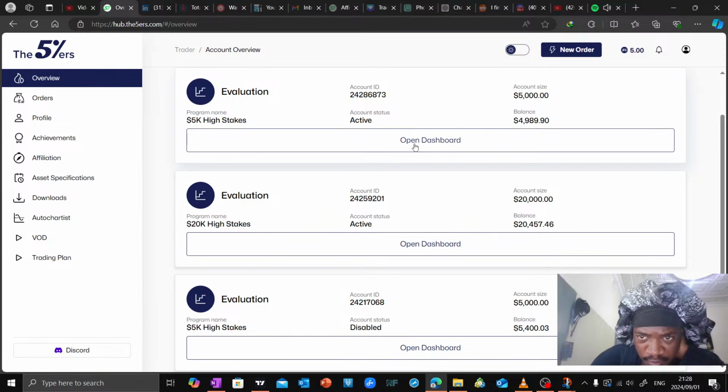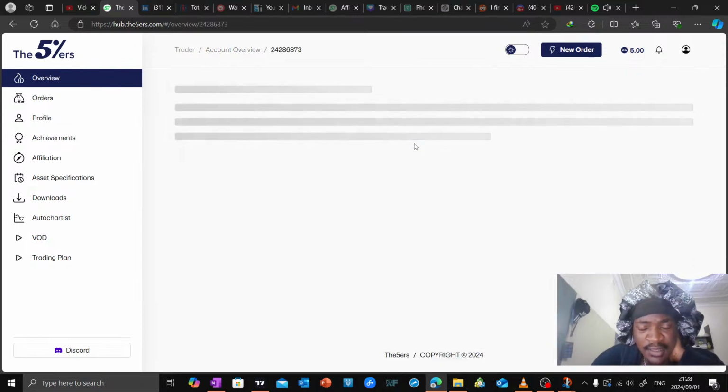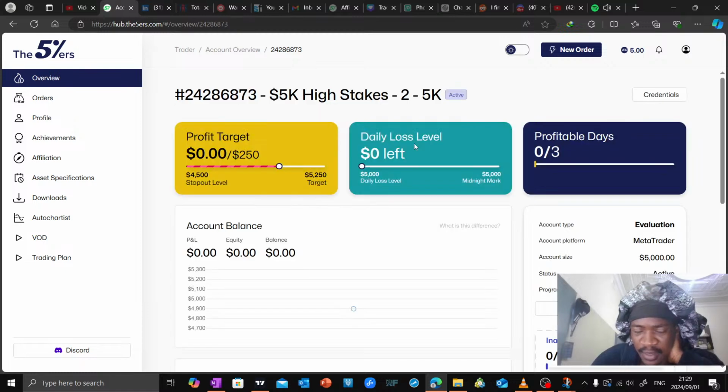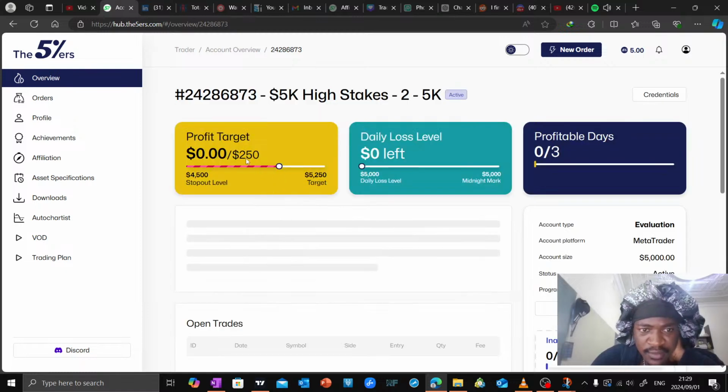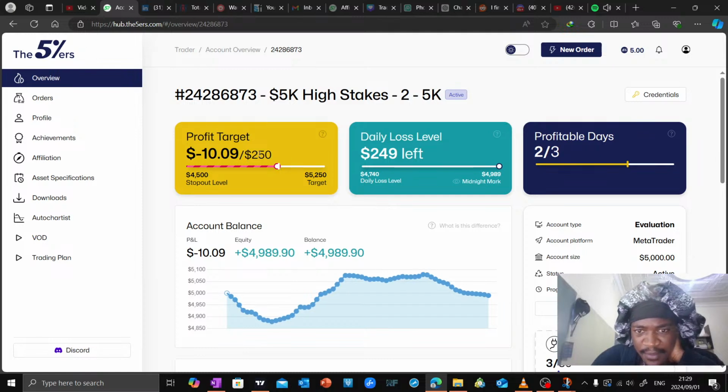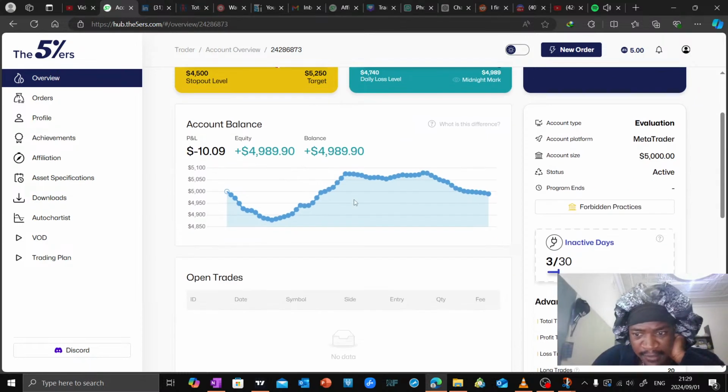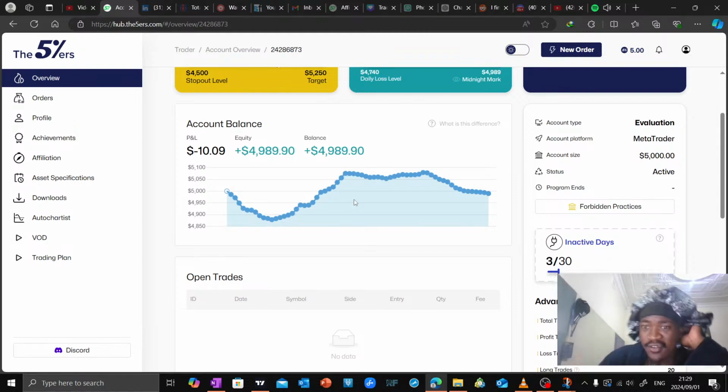We're currently on phase 2, and I had actually done well last week, but then some greediness happened. I'll work on that. Currently we just have to hit $250, with 249 left. I know I can get that, and after that I'm funded.